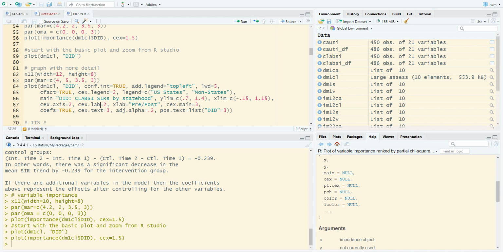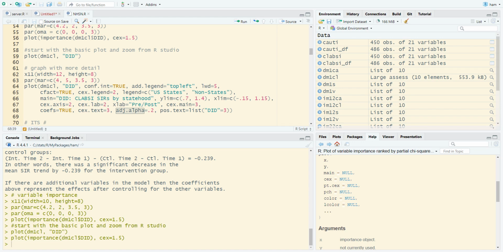We're also changing the label size of our labels, changing the label name, changing the size of the main title. We're going to add coefficients in there so we can see what was in our regression table. We're going to put it into our graph, change the text size in our graphs.